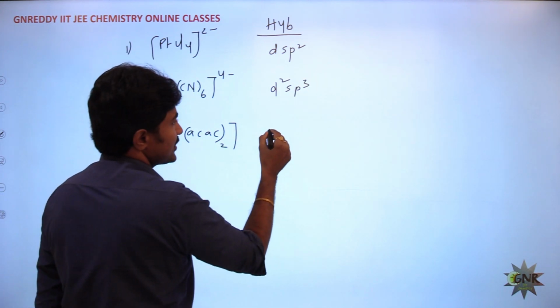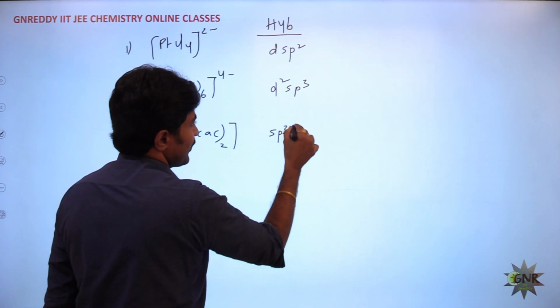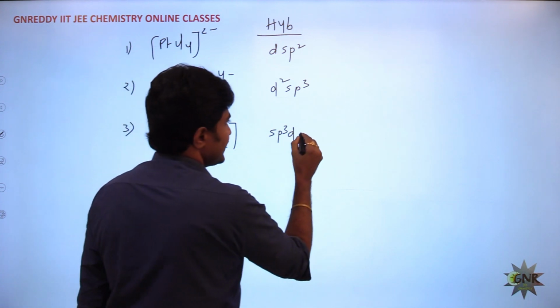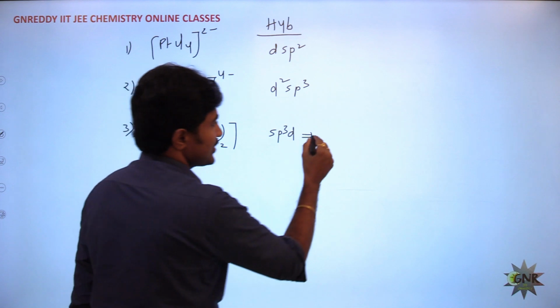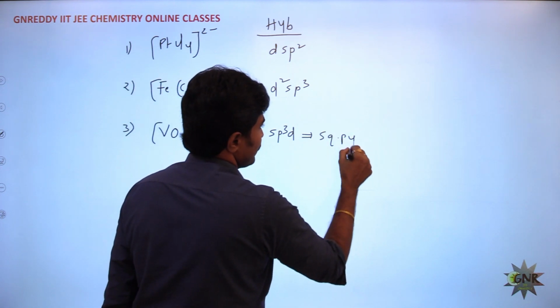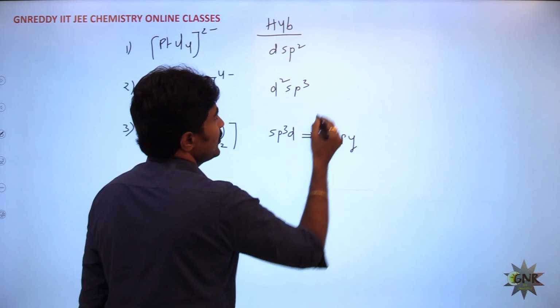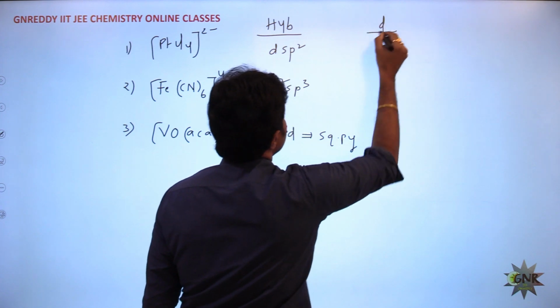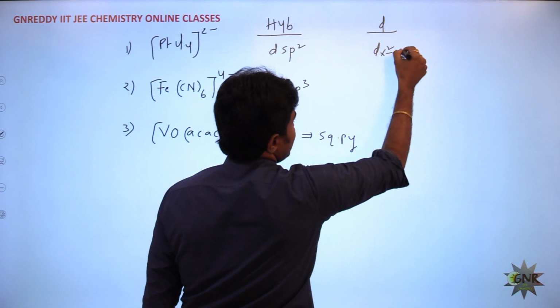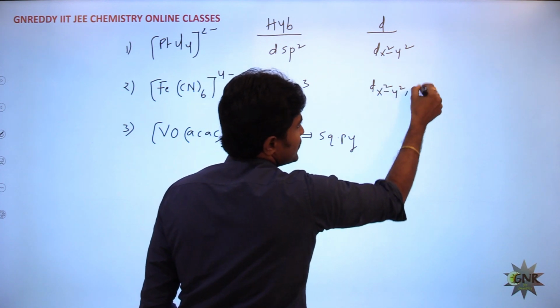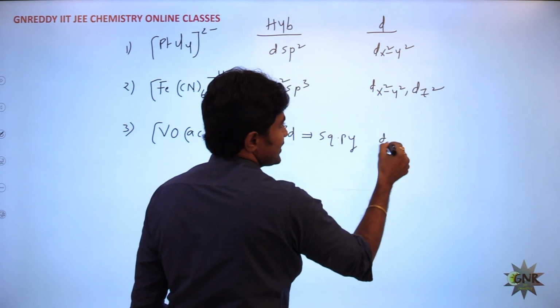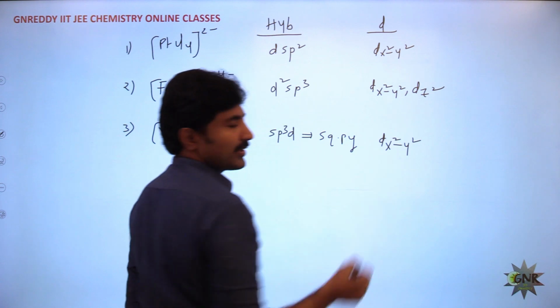Here it undergoes sp3d, where the d orbital is dx square minus y square, because it is a square pyramidal. So what d orbitals participate here? These are the dx square minus y square and dz square, and this is the dx square minus y square.